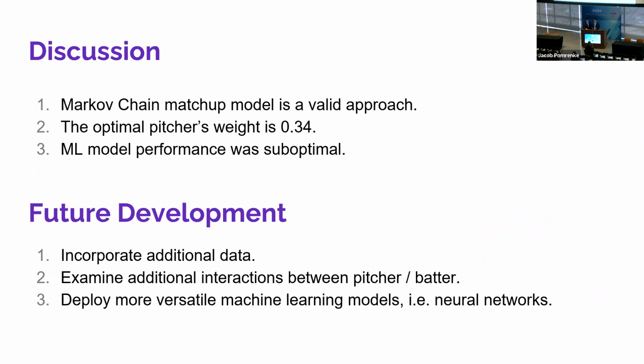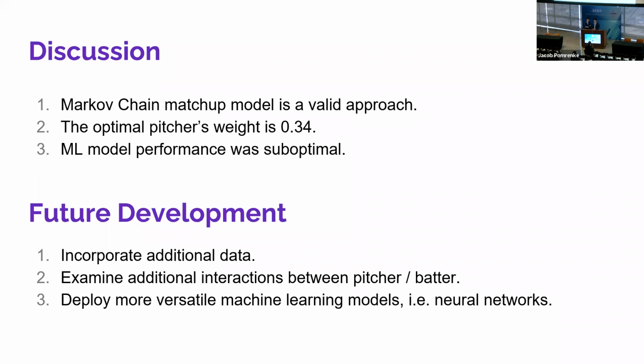So essentially, in summary, there are several findings from our research. First of all, we think that the Markov chain matchup model is definitely a valid approach. There are certainly a lot of things that we could do to improve it further. The second thing, which is also slightly surprising, is that the optimal pitcher weight is 0.34, which means for better prediction, we should weigh the batters more.